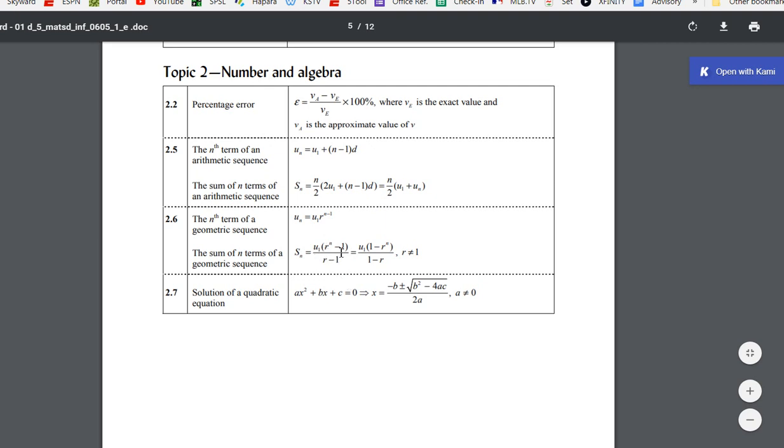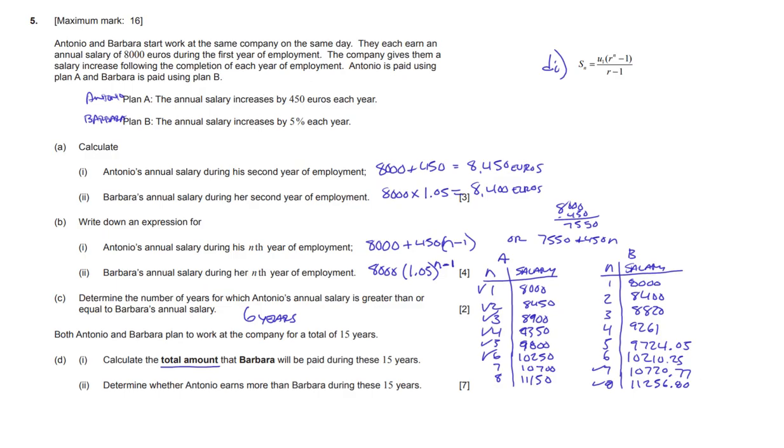So we have this little formula here. Let's copy that over. Okay, so here we go. We've got our formula. So the sum of the first 15 years for her is going to equal U sub 1, the first term, which is the first year, 8,000, times R, the rate, that's going to be our 1.05. That's our growth rate.